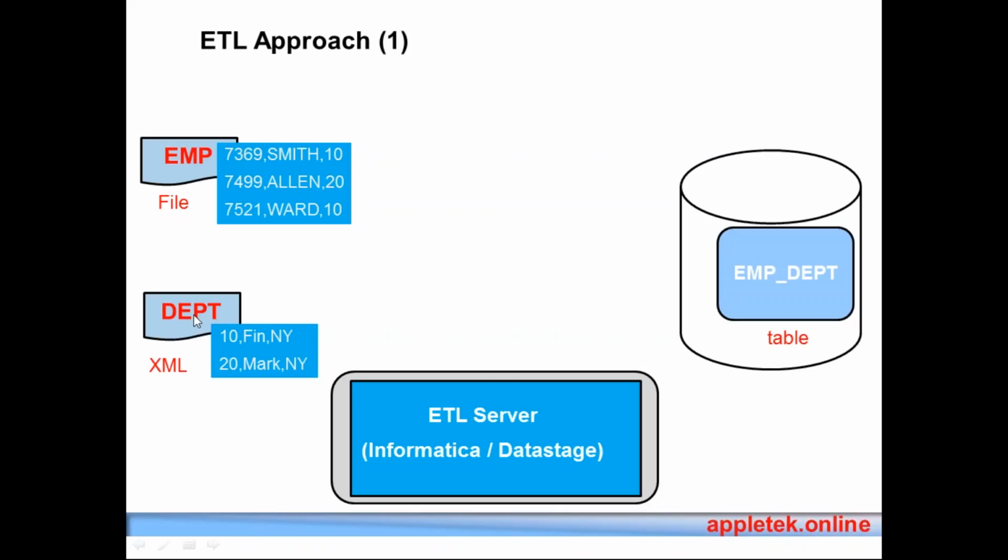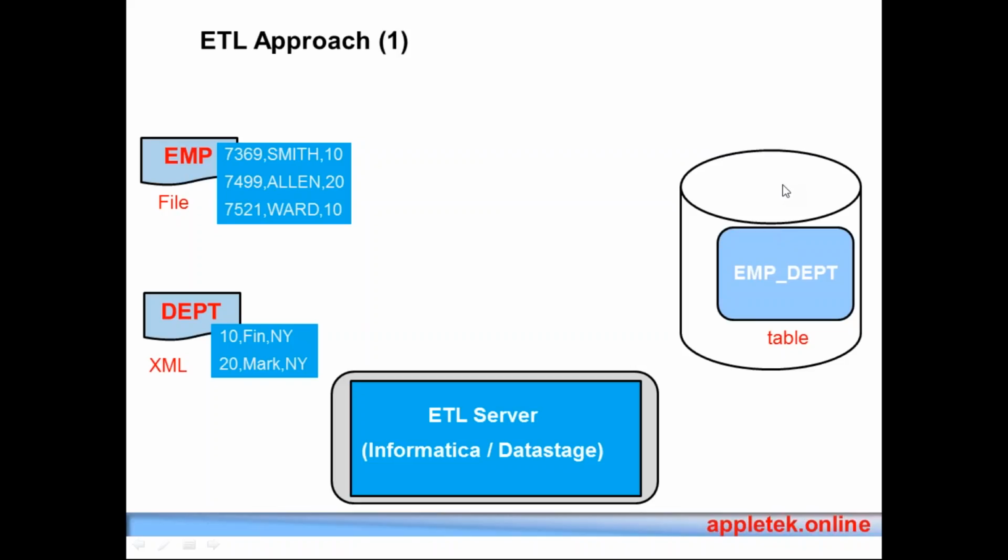At the same time I have some data in an XML file which contains all the department's information. So this is my input. Somebody asked me to join these two and then finally load this data into one final target table, which is the RDBMS table. Say for example you take it as Oracle database.